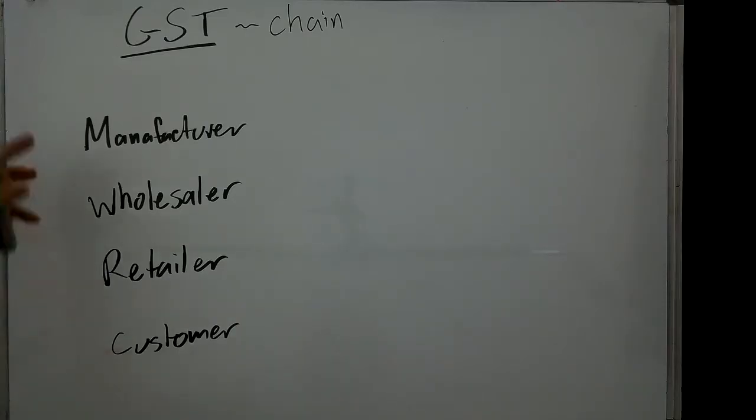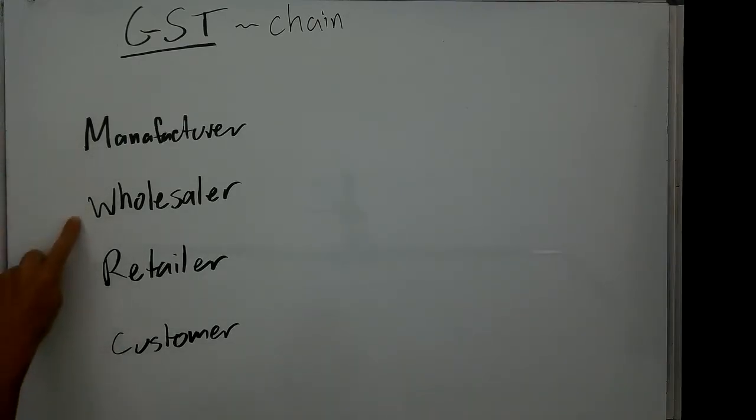So each of these would be considered a business and would be registered with the Australian government. And as part of that, they collect GST on behalf of the government.